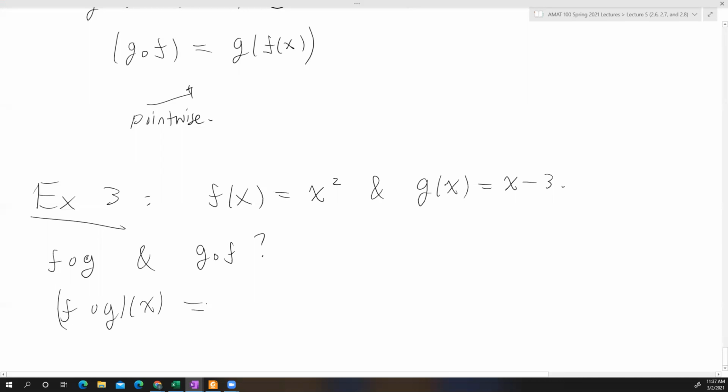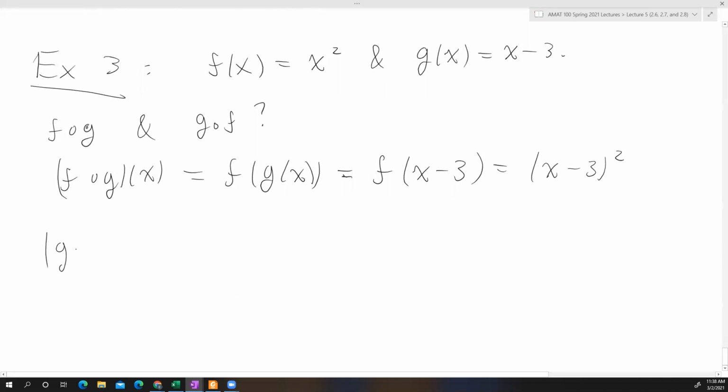So let's do the first one. By definition, just switching G and F around, G compose f at x will be f of g of x. So g of x is x minus 3. Now I want to plug x minus 3 into f of x. So that will be x minus 3 squared.